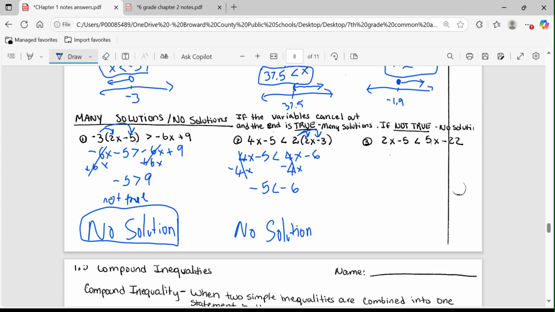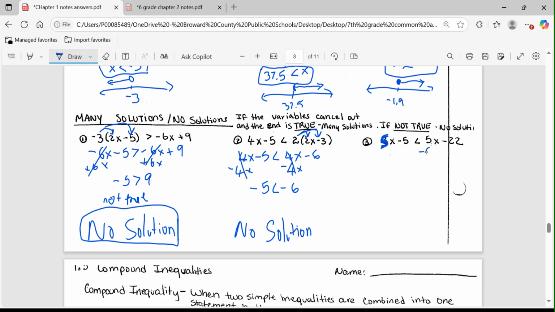Let's try solving number 3. For number 3, we have 2x minus 5 is less than 5x minus 22. I think I wasn't trying to do that. I was trying to get a 5. Let's change this here to a 5. I'm sorry, I want to prove a point.